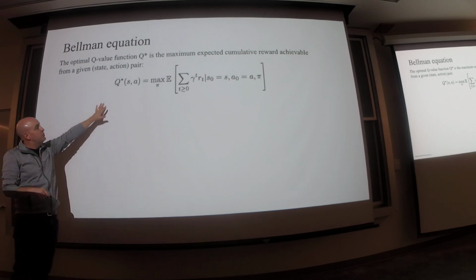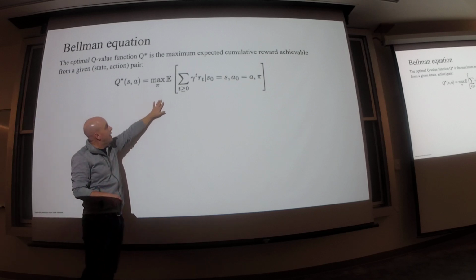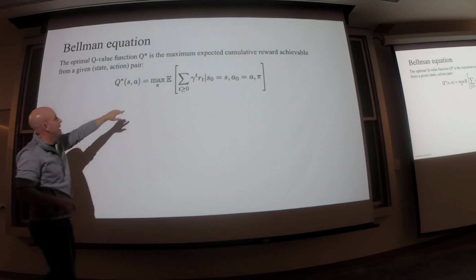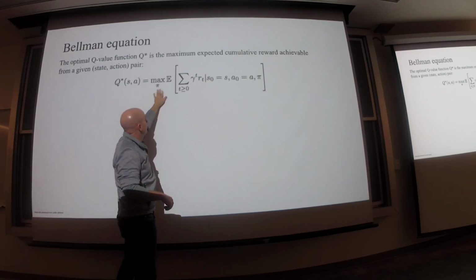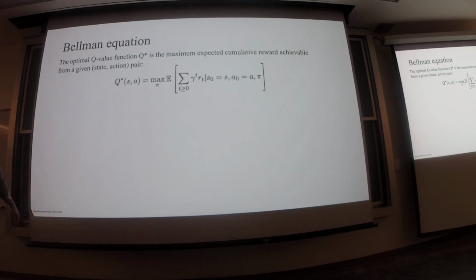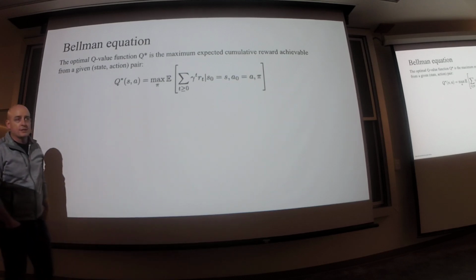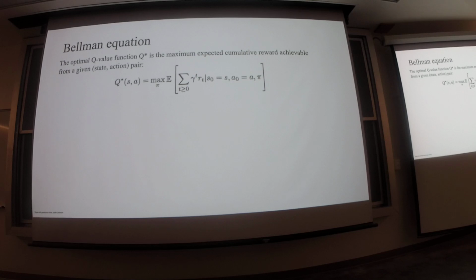So an optimal one is one where, from a given state action pair, the value you get is the max over all of the possible policies. So it's the same expectation, but not just given a policy, it's over all the policies. For this state action pair, this is the maximum value we can get for any of the policies that our agent could possibly use. All right, so that's what it means to be an optimal Q value function.